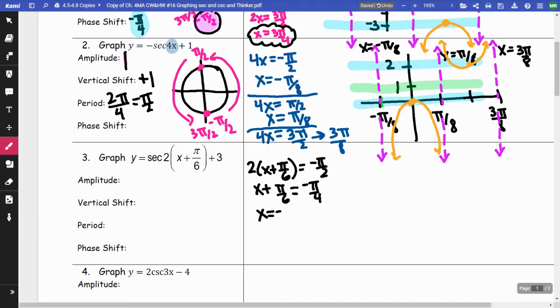That's going to be a negative pi fourths minus pi 6, so let me just write it out. That is going to be a negative 3 pi 12ths minus 2 pi 12ths, because I'm going to make these into 12ths, which is going to put us at a negative 5 pi 12ths.